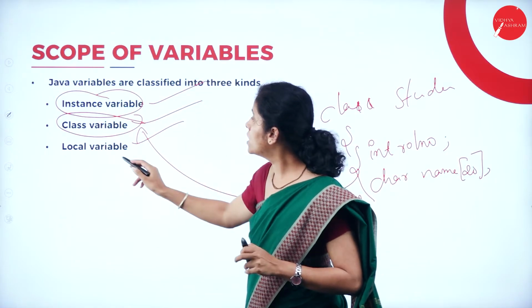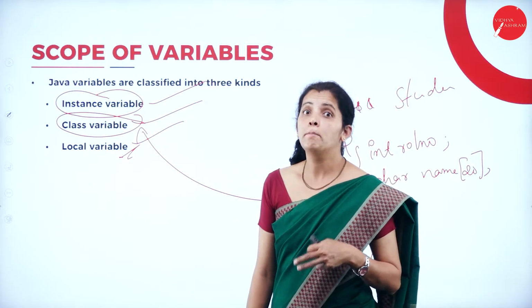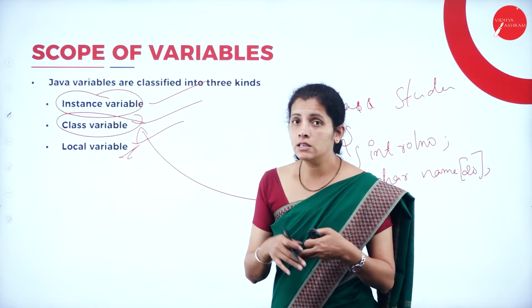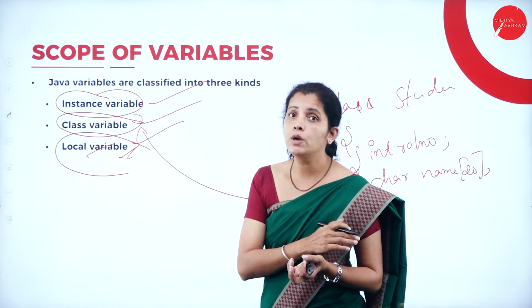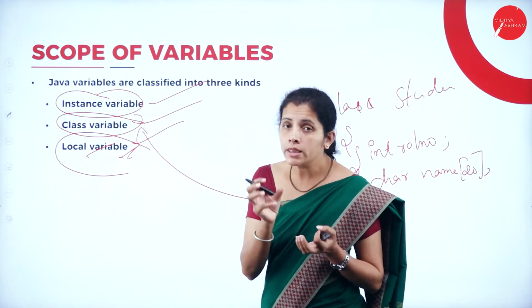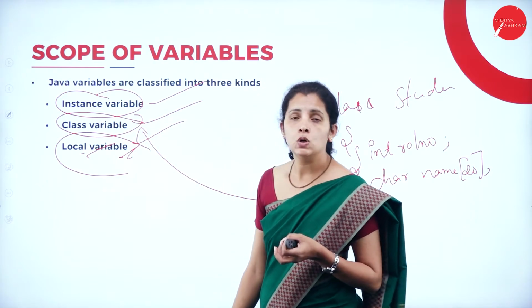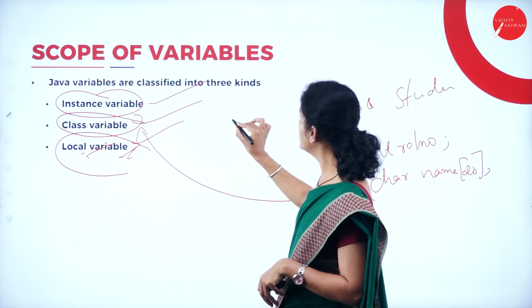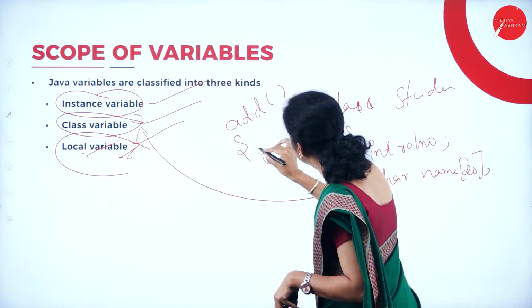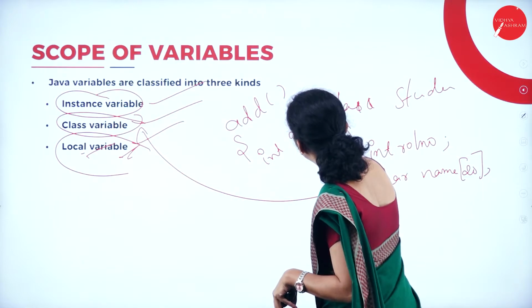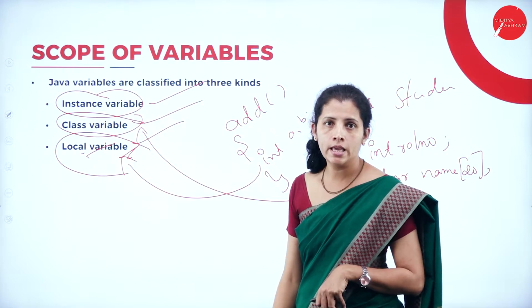And what about local variables? For example, think that I have methods. Dear student, if I declare the variables within the function or method, then it is termed a local variable. For example, think that I have an add function, and if I write int a, b, then this is the example for local variables.